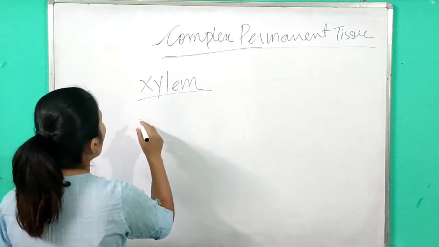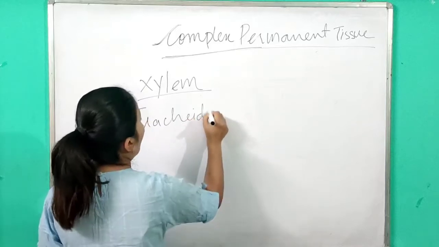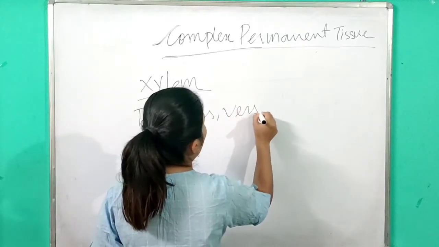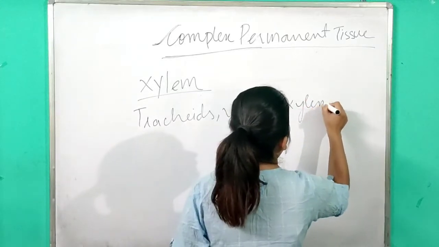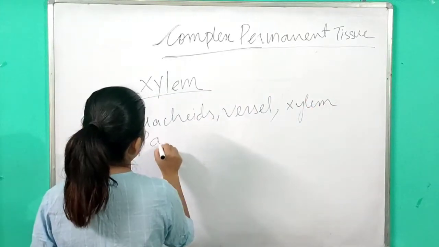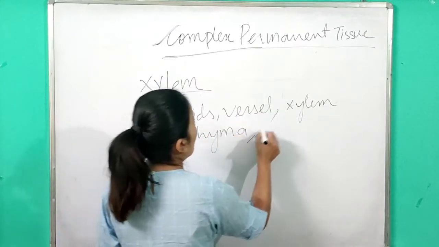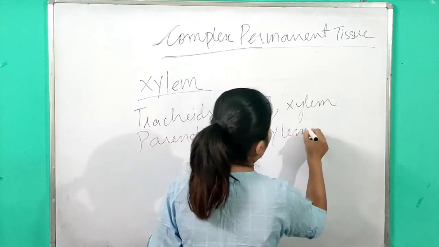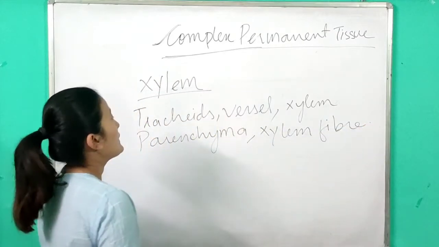Those are tracheids, then you have vessel, the xylem vessel, then you have xylem parenchyma, and you have xylem fiber. These are the cells which make up your xylem.